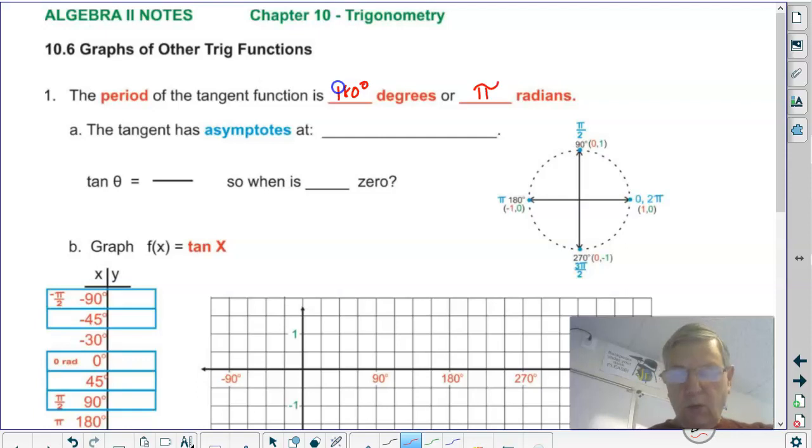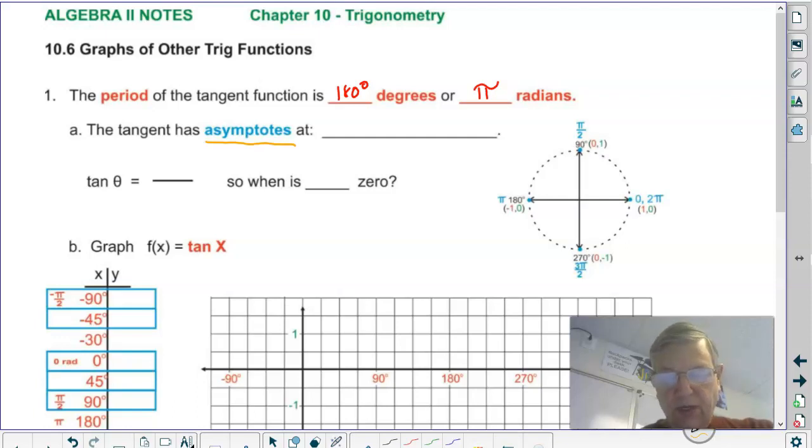Pi radians. Now, when you talk about the tangent and the cotangent, we got to talk about asymptotes. Asymptotes, those lines that the graph approaches but does not reach until infinity. And the key to understanding asymptotes is understanding what the tangent is.